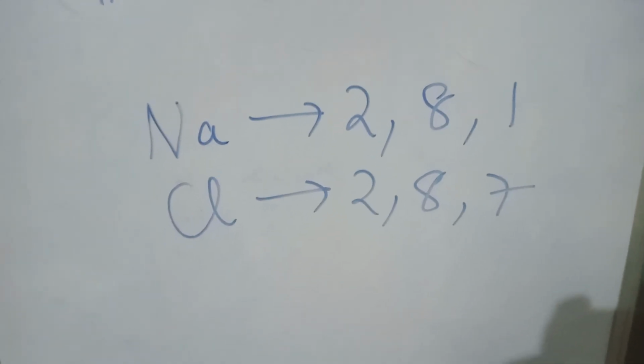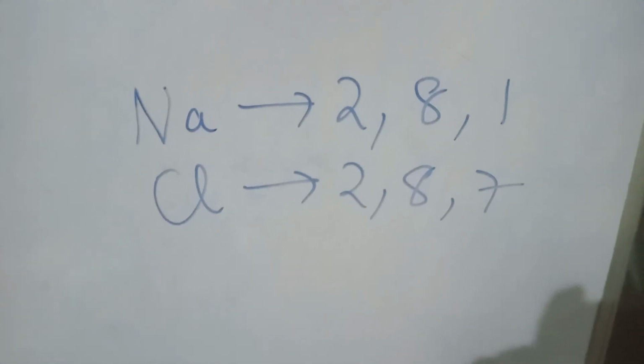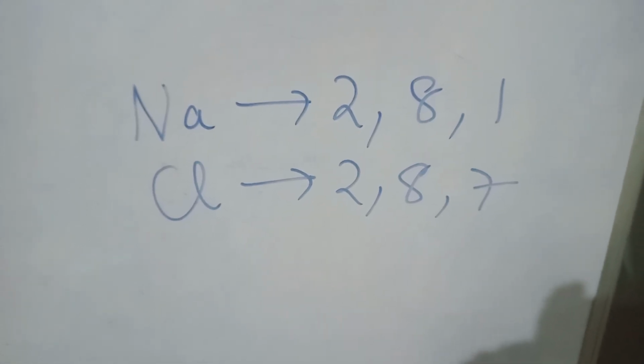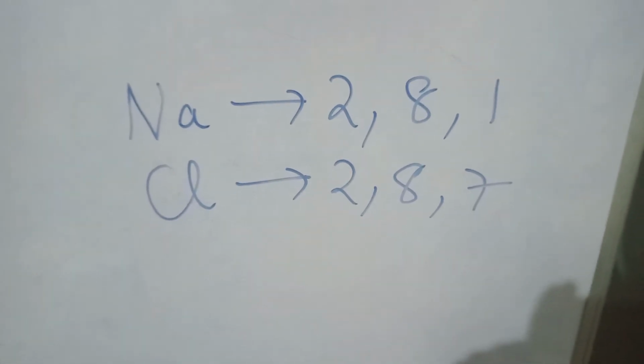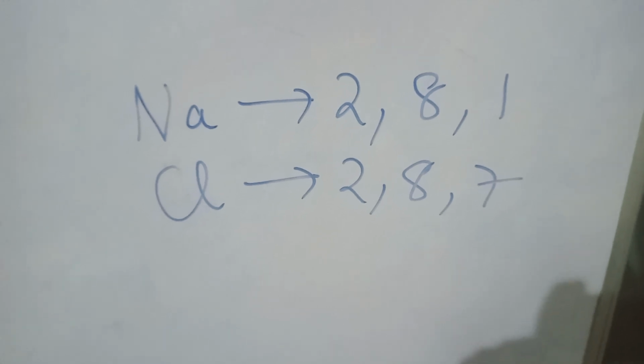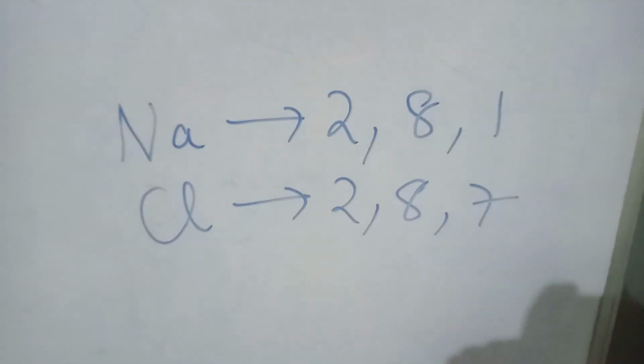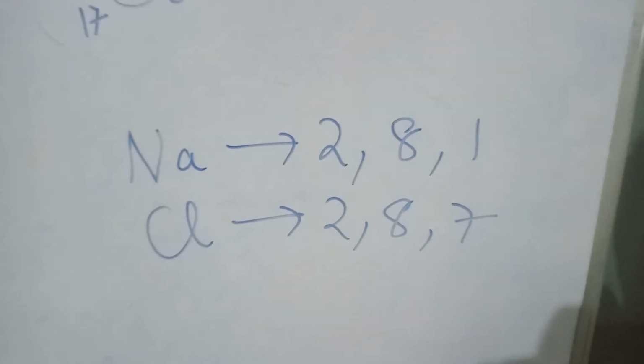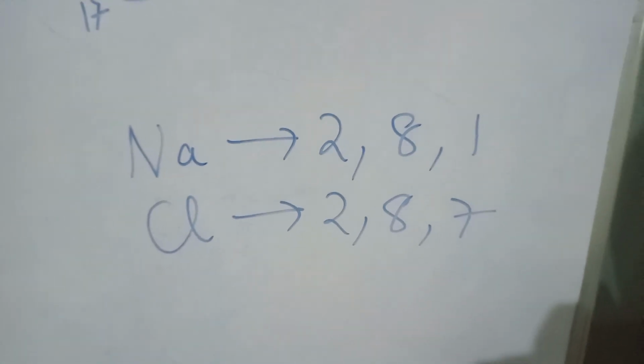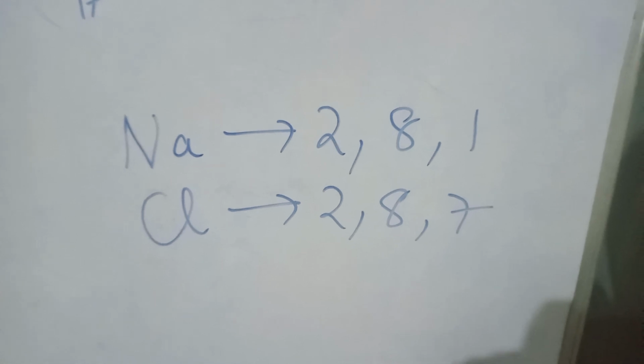There is a rule called the octet rule, meaning the atoms want to have 8 electrons in the outermost orbit. So sodium will try to have 2, 8 electrons and chlorine will try to have 2, 8, 8 electrons.